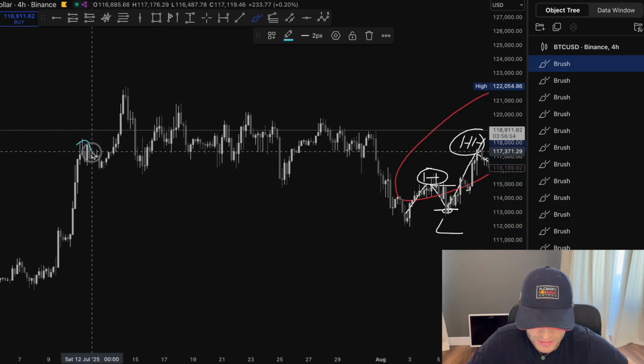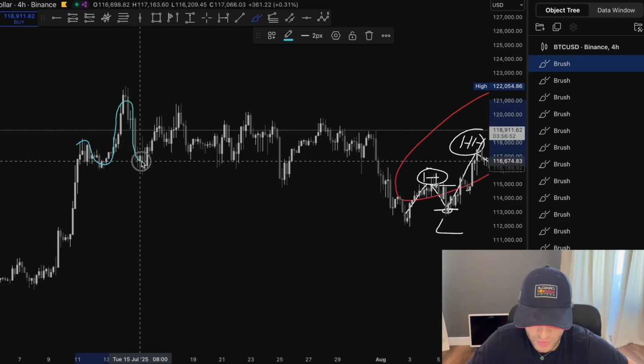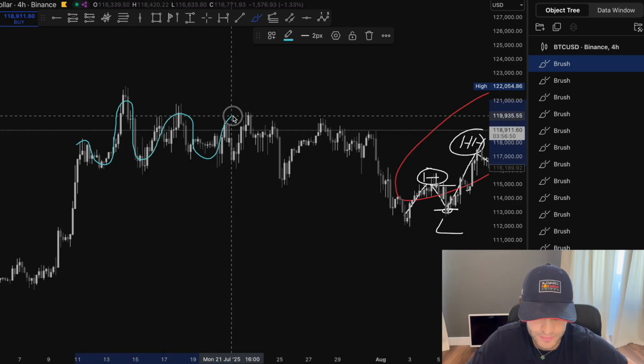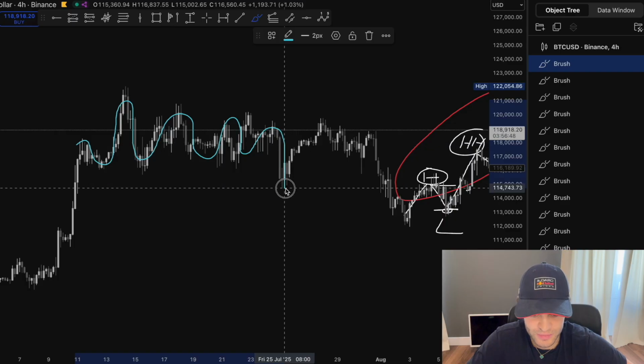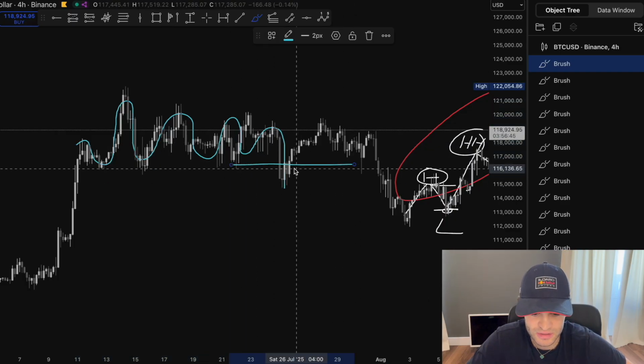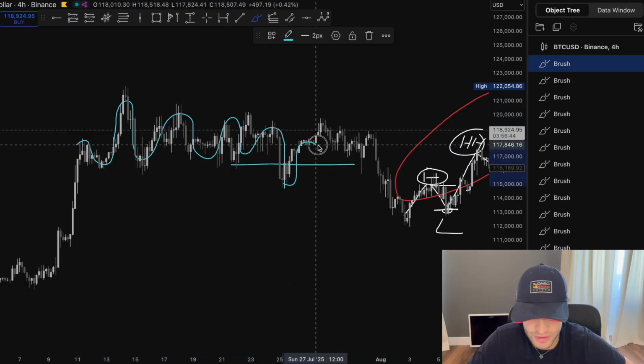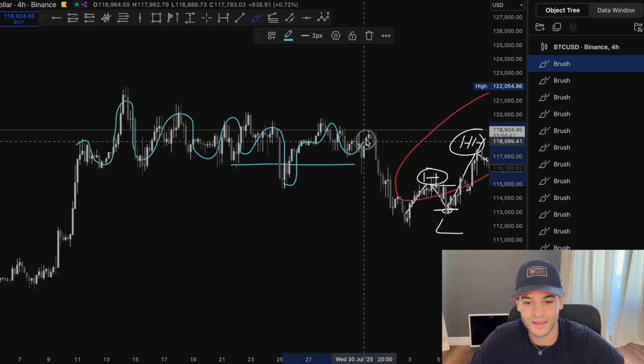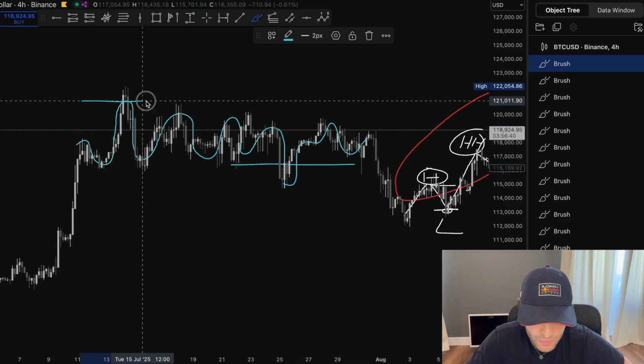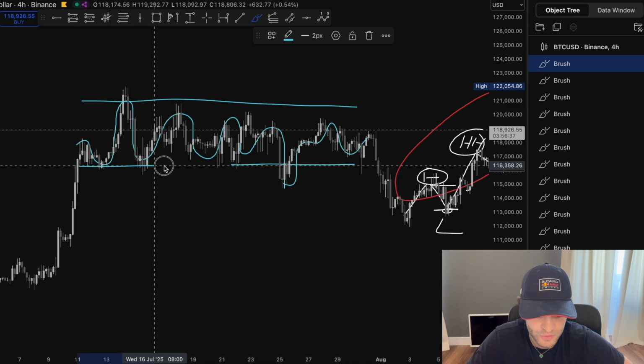Here, we clearly don't have a structure, we're going sideways, right? Here, yes, we break the low, but this is actually a failed auction as we got back into the range. And it is right here that we're actually going to make the most money.